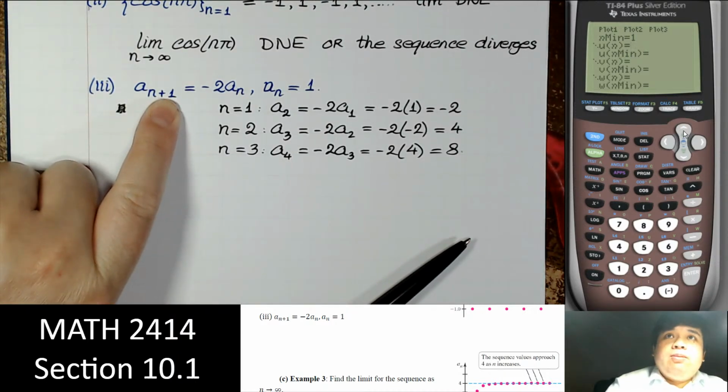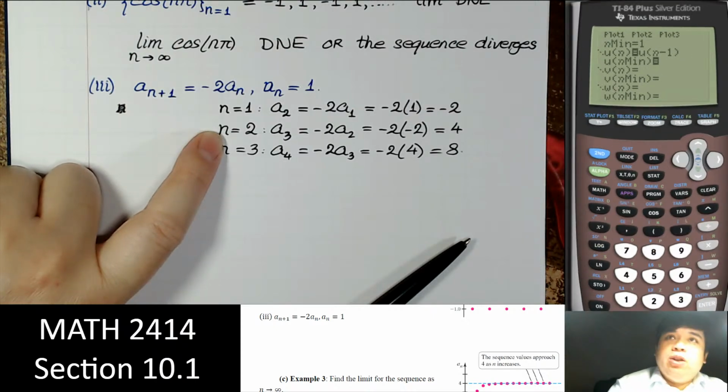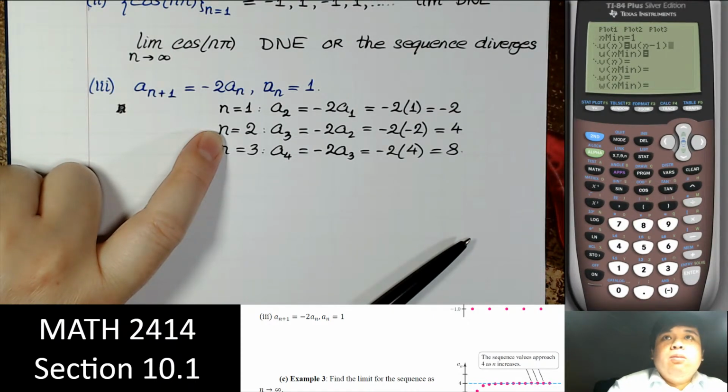I'm going to write this term is equal to the previous term times -2. -2 times the previous term, right?